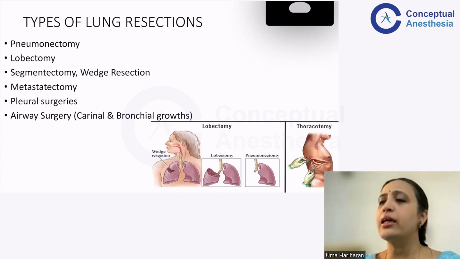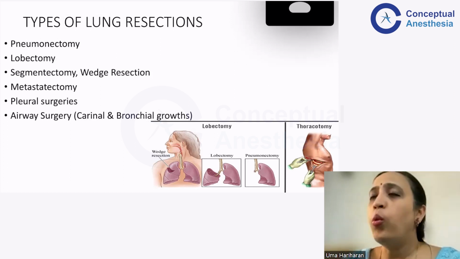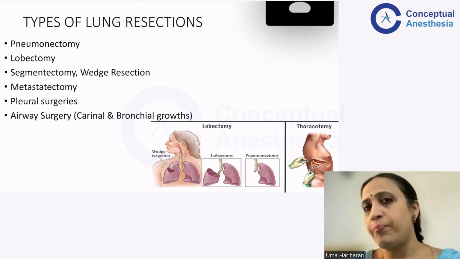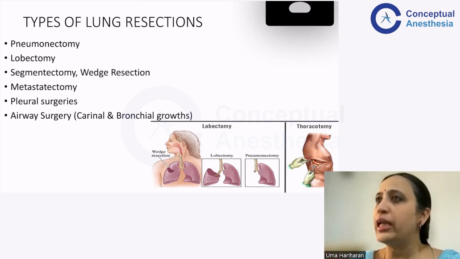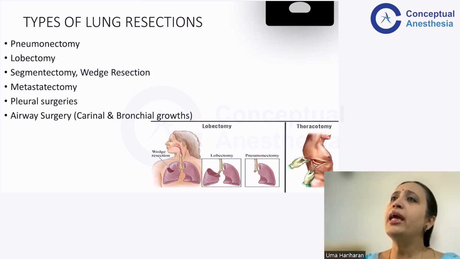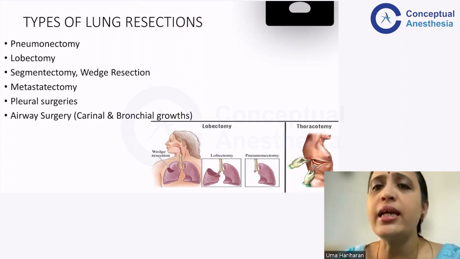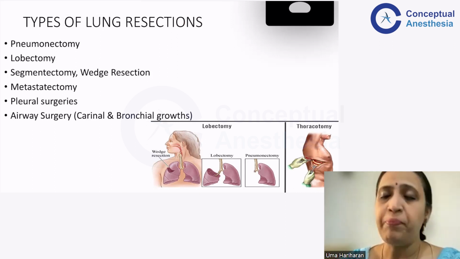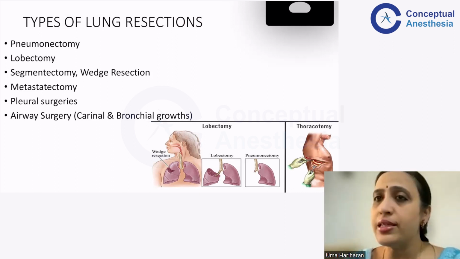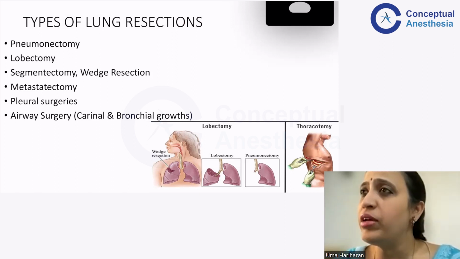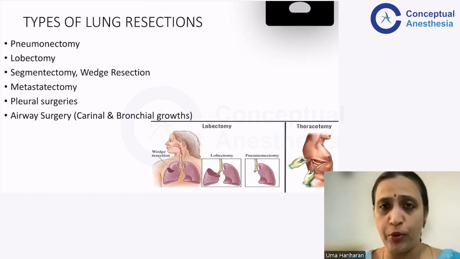Pneumonectomy is basically removal of one of the lungs which is diseased. Basically, it is removal of the lung which is diseased by an open thoracic surgery approach. Now, the various other surgeries of lung resection can be performed either with a minimally invasive approach or an open approach.